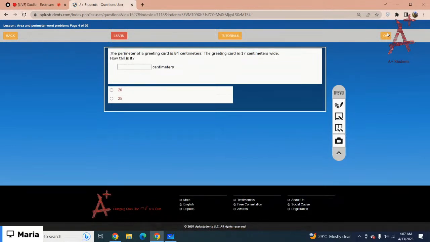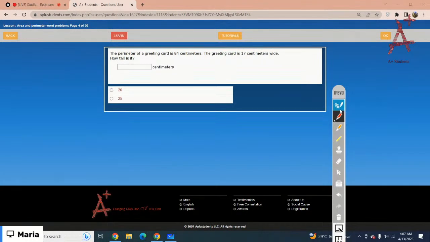The perimeter of a greeting card is 84 centimeters. The greeting card is 17 centimeters wide. How tall is it? You are given the perimeter 84 and the width 17, and you need to find the length. We know that the perimeter is length plus width plus length plus width. So 84 equals L plus L, which is 2L, plus 17 plus 17, which is 34.